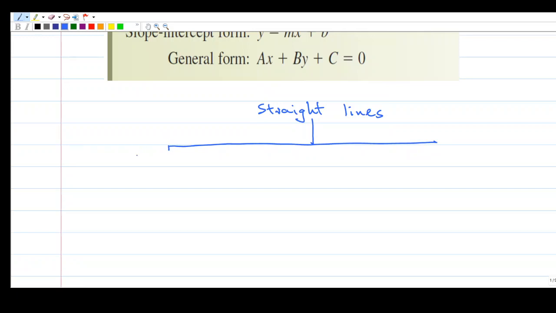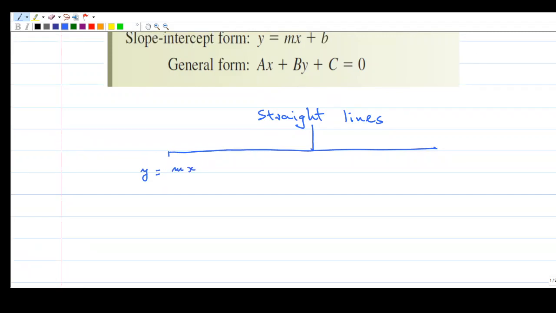Your gradient intercept form from school is y is equal to mx plus k. Above they used y is equal to mx plus b, right? So in this case, you know that your m is your gradient and k the y-intercept, right? So we need to make a note of that.